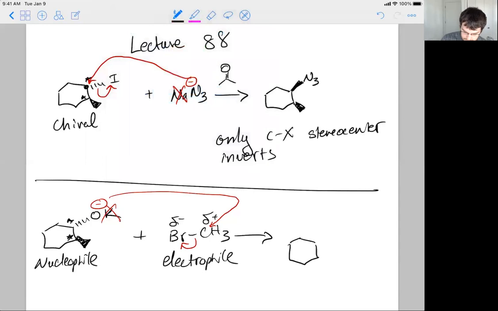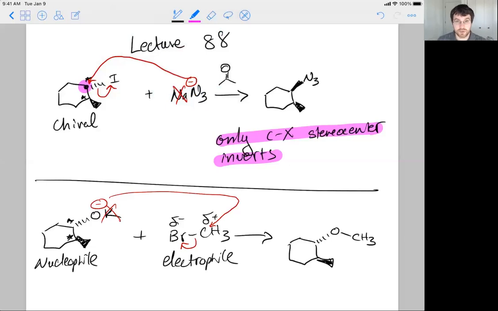Now, what's happened is the oxygen did the attacking, and everything that was attached to the oxygen comes along for the ride. That includes the stereocenters in the molecule that it's attached to. They are not affected. They do not undergo inversion of configuration. Recall that only the CX stereocenter inverts. That's right here.